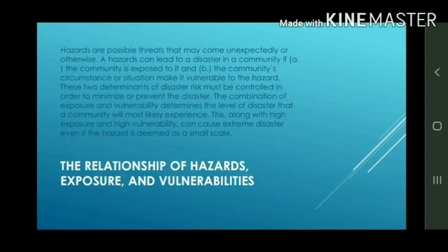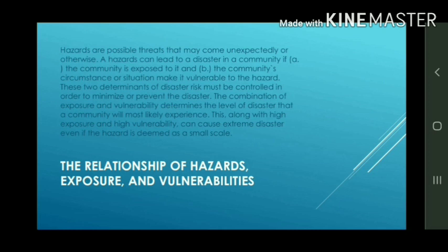Hazards are possible threats that may come unexpectedly or otherwise. A hazard can lead to a disaster in a community. If the community is exposed to it, the community's circumstance or situation make it vulnerable to the hazard. These two determinants of disaster risk may be controlled in order to minimize or prevent the disaster.